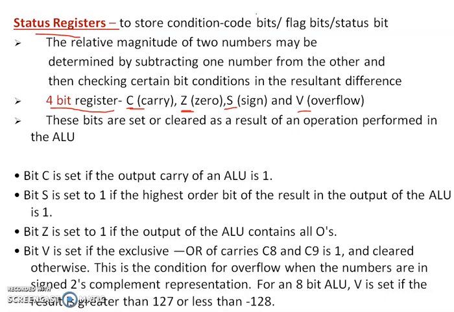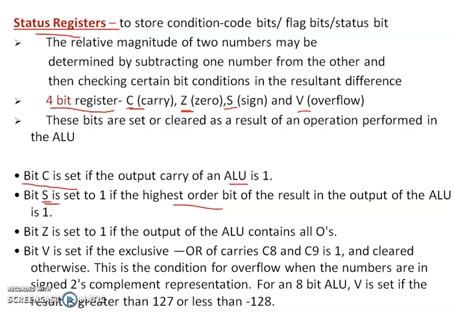So for example, if bit C is set to 1, it means the output carry of the ALU is equal to 1. If there is any carry after performing the ALU operation, then C will be set to 1. If bit S is set to 1, it means the highest-order bit, the most significant bit of the output, is 1.